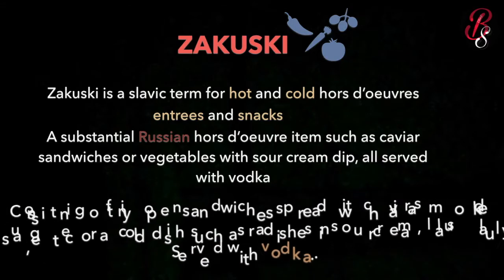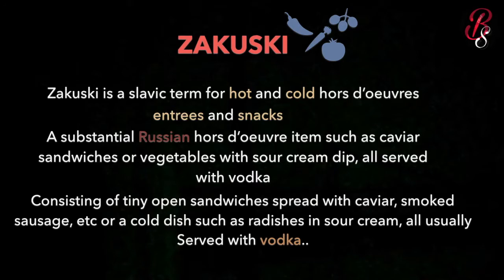It consists of tiny open sandwiches spread with caviar, smoked sausages, etc., or cold dishes such as radish in sour cream, all usually served with vodka. So this is the main specialty, that everything is served with vodka. That is zakouski, as an entree or snacks, right?